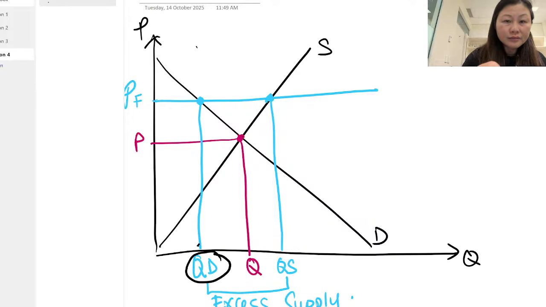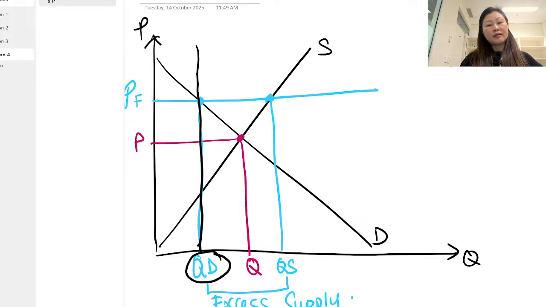And that's going to be where we're going to supply, because that's where the demand stops at that point. So suppliers might want to produce more, but there isn't demand. So there's no point in producing more up to QS.